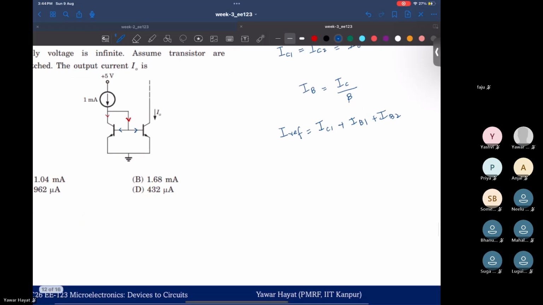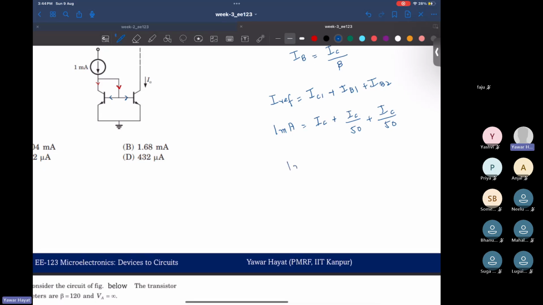Then let's put in the values. So your 1 milliamp would be equal to IC plus, what is IB1? IC by 50, because beta is 50. So your 1 milliamp is equal to IC times 1 plus 2 by 50, correct?